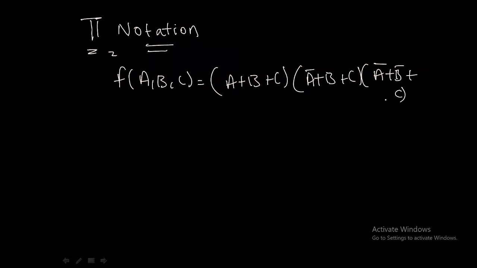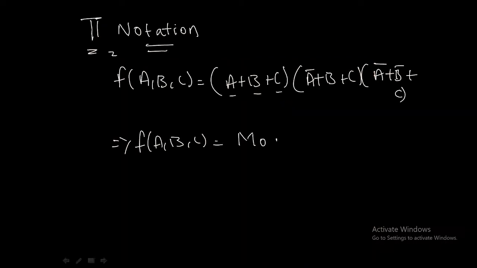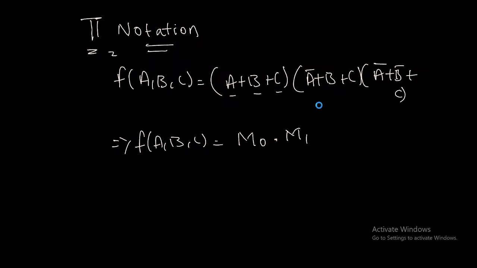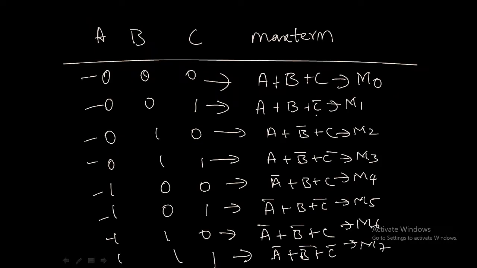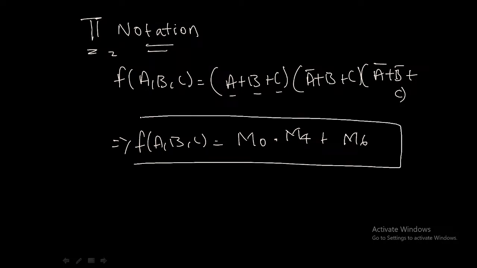This function can also be represented as f of A, B, C. From the table, if you observe, A plus B plus C is nothing but M0. M0 into A bar plus B plus C can be represented as M1, and A bar plus B plus C is represented as M4, and then M6. So this is how we can represent the Boolean function.